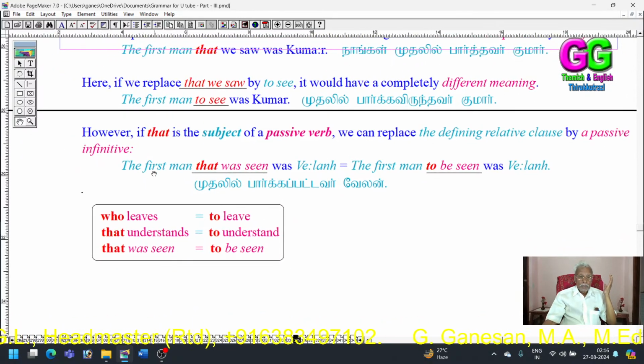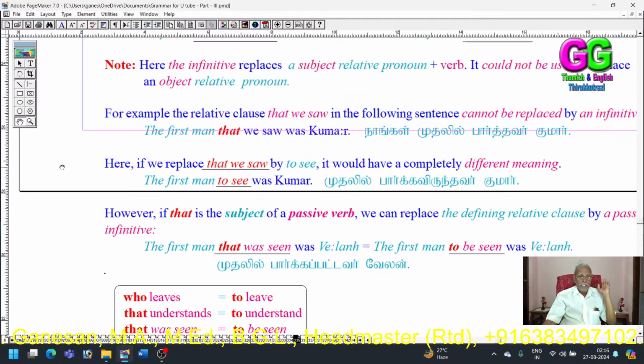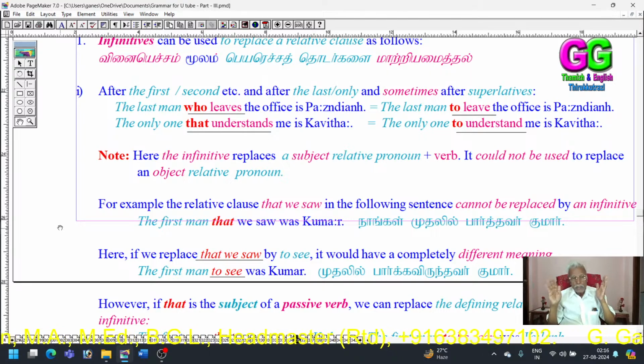You see, the first man that was seen was Valen is equal to the first man to be seen was Valen. Both sentences have the same meaning. That is, in the first rule, the infinitive can be used to replace the defining relative clause when the relative clause follows the first, second, the last, or only, or some superlative degrees.